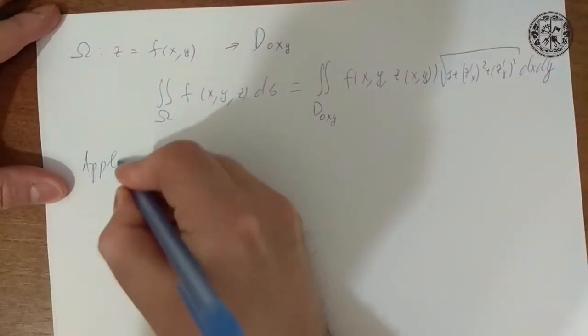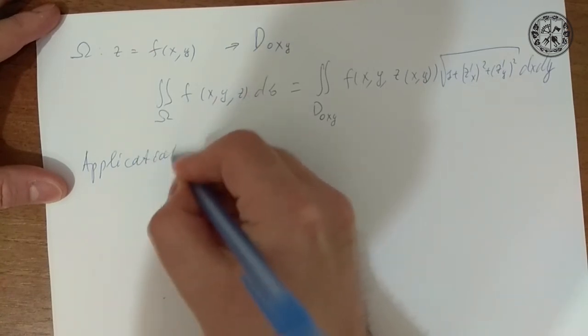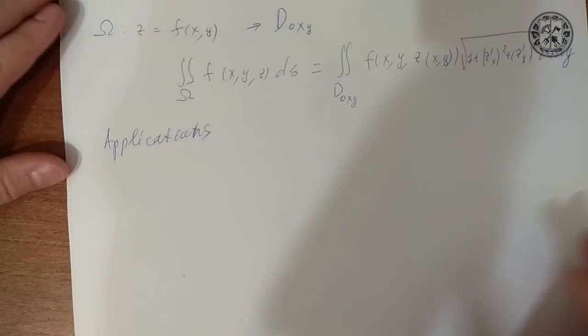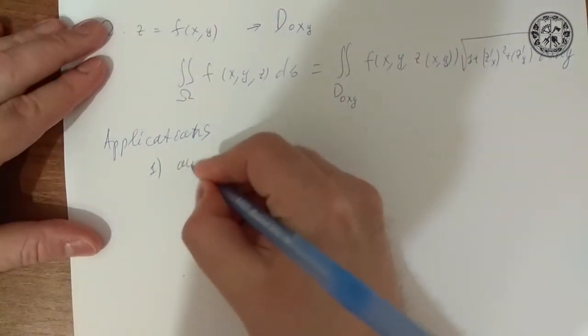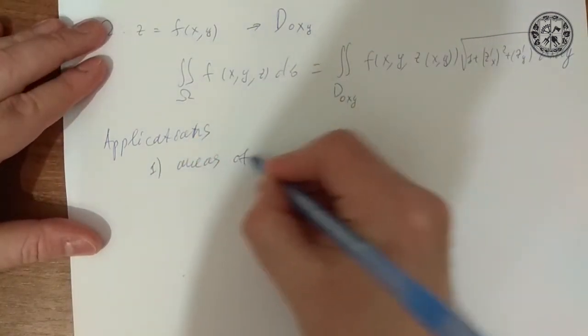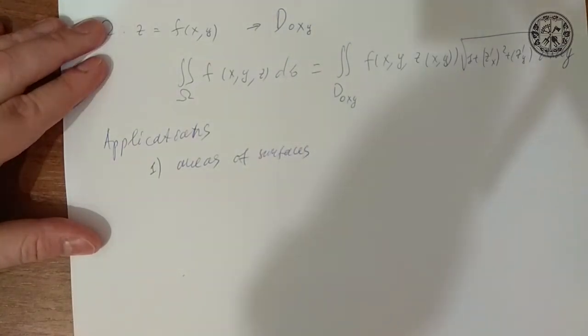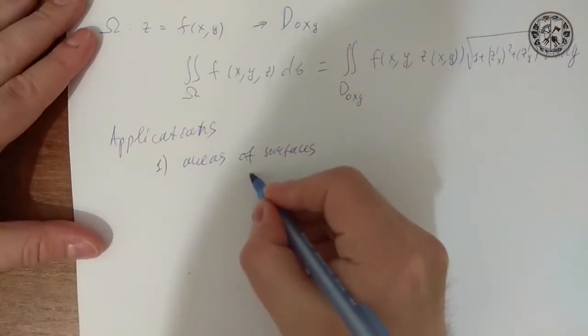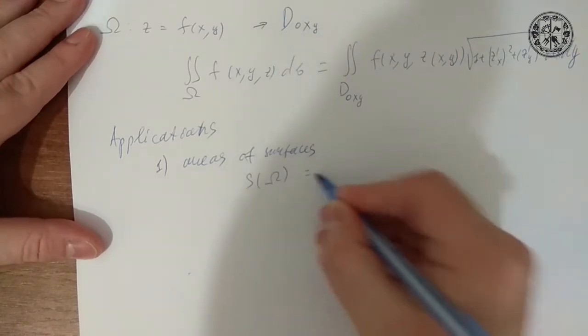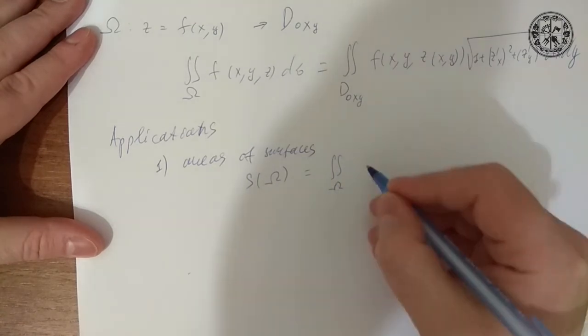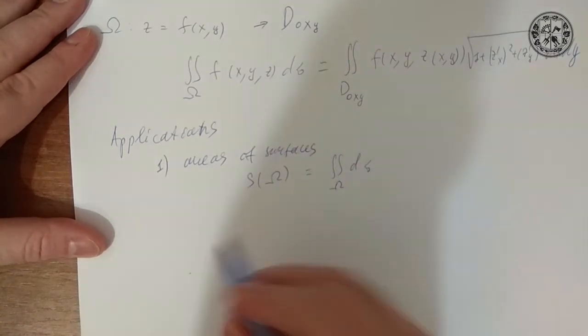How can we apply this integral? Well, we can calculate areas of surfaces. Area of a surface is the surface integral of first kind over omega of d sigma.